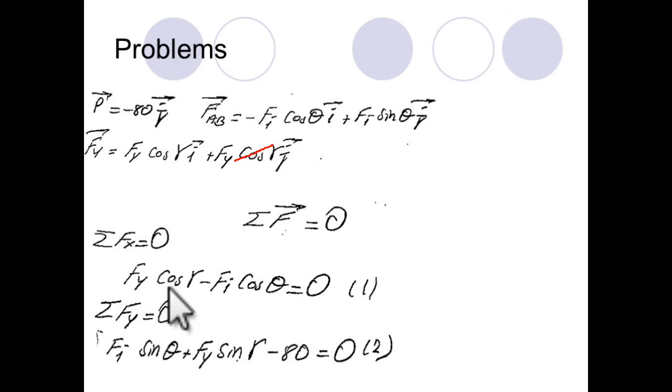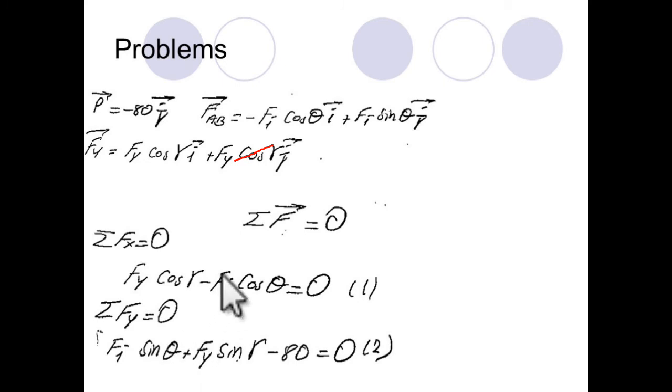Therefore, from the x direction, I have Fy cosine gamma minus Fi cosine theta. I don't have any x component coming from the pulling force. So this has to be equal to 0. Again, I don't know the Fy and I don't know the Fi. From the y component, the sum of the forces in y direction has to be equal to 0.